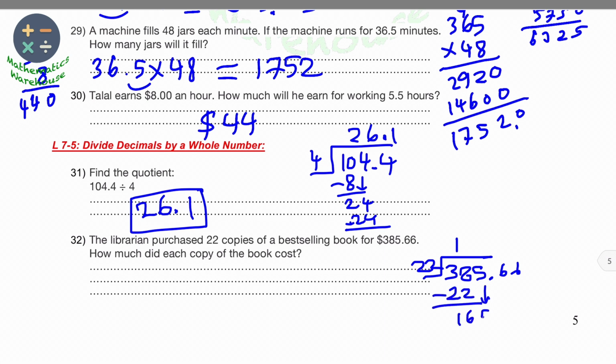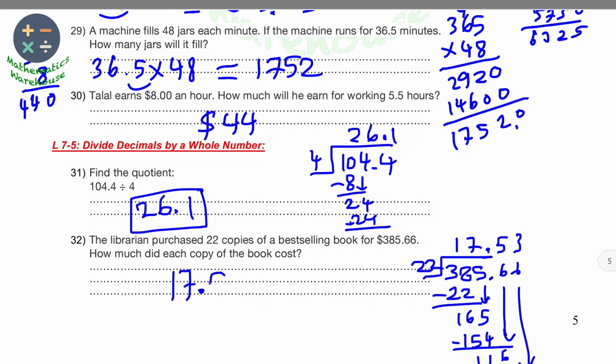Bring down the next digit, which is 5. 165 divided by 22 equals about 7. 7 times 22 equals 154. Subtract, here 1, here 1, decimal point up and 6 down. So 116 divided by 22 is about 5. 5 times 22 equals 110. Subtract equals 6. Bring down the next digit, which is 6. Now 66 divided by 22 equals 3. So the answer is $17.53 for each book.